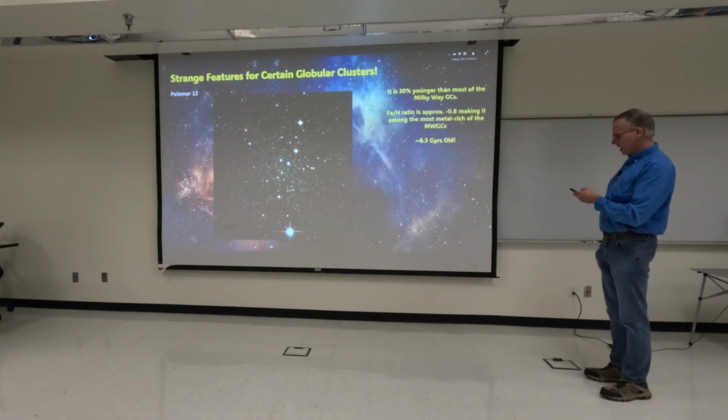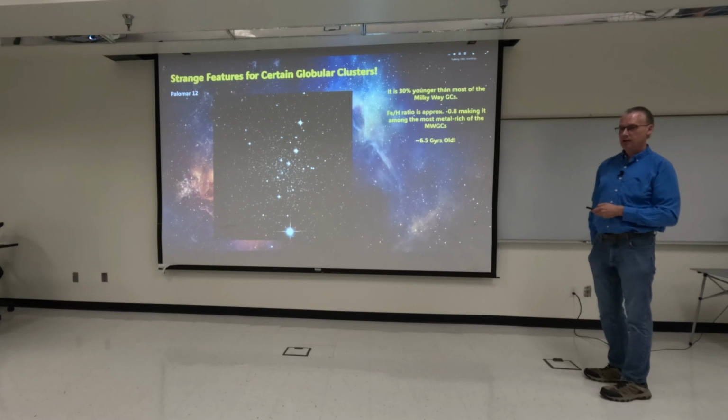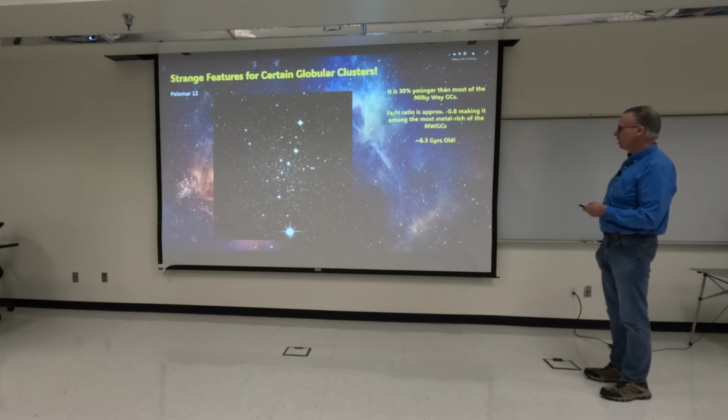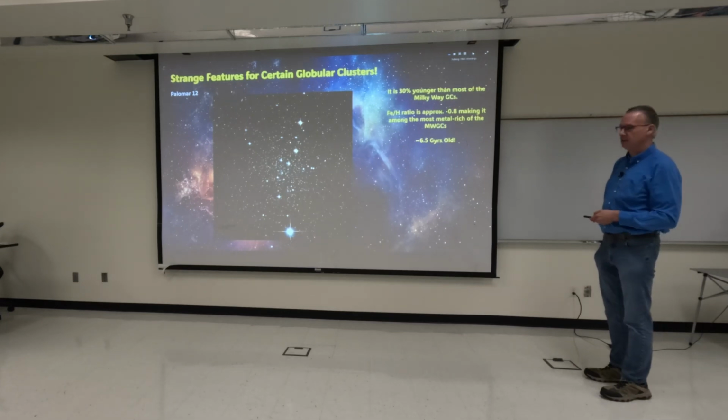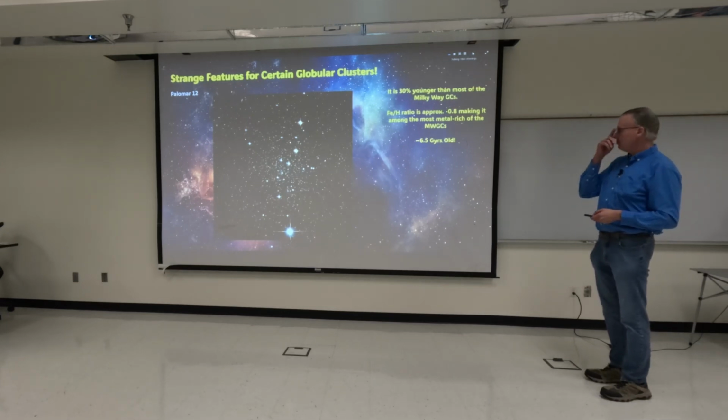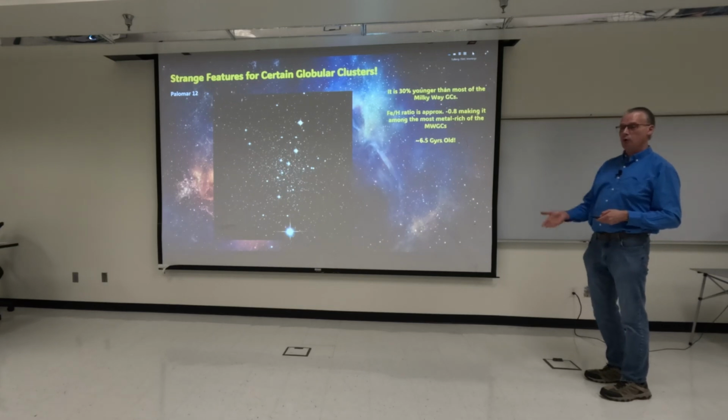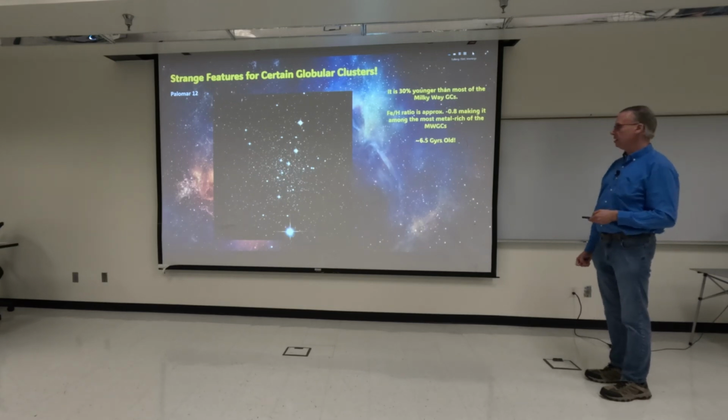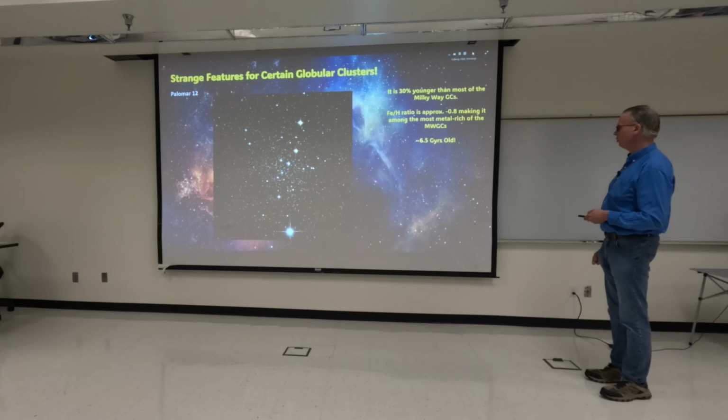Palomar 12, it's actually 30% younger than most of the Milky Way globular clusters. Why? Because look at this right here, the iron to hydrogen ratio, it's negative 0.8. And what's a negative number? It means that we expect to find a lot more hydrogen than metals in these stars by looking at the spectral lines.